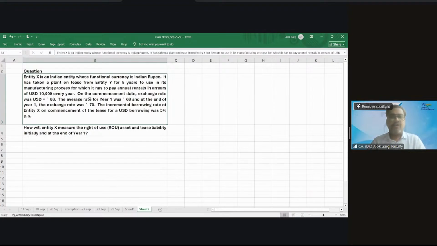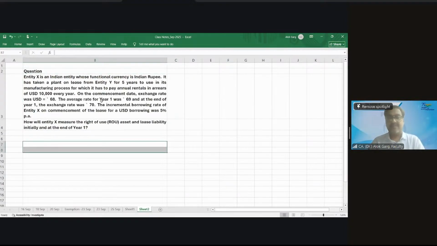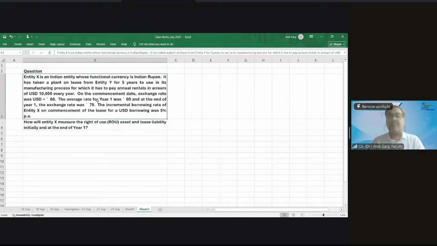On the commencement date, the exchange rate was US dollar 68, meaning 1 USD is equal to INR 68. The average rate for year 1 was rupees 69 and at the end of year 1 the exchange rate was 70.